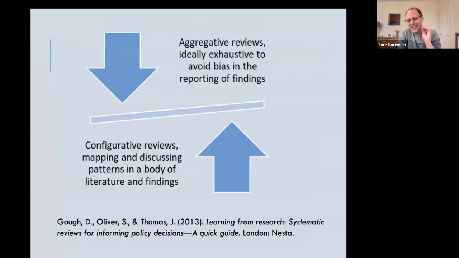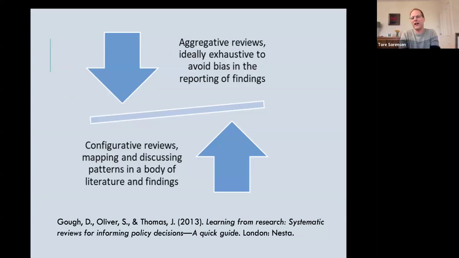I really like this distinction in a very interesting resource here by Gao, Oliver, and Thomas, where they point out this distinction between aggregative reviews, which can be systematic reviews that try to look for the most effective policy interventions or practice interventions.